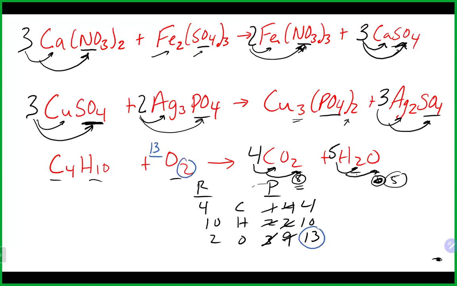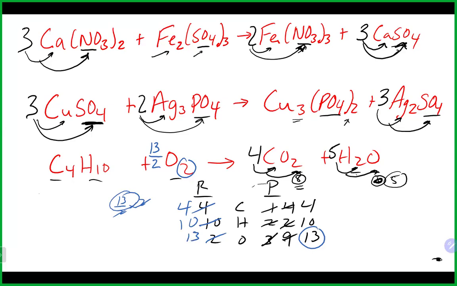And on the bottom is going to match that number there, and that's a 2. And now I should have the correct fraction that I need. We will have 4 carbons, 10 hydrogens. And again, 13 over 2 times 2, that's going to leave us 13 oxygens in this case.